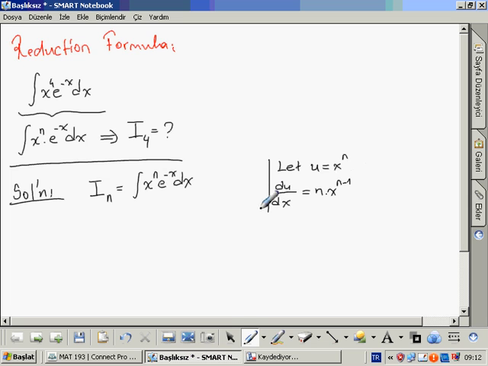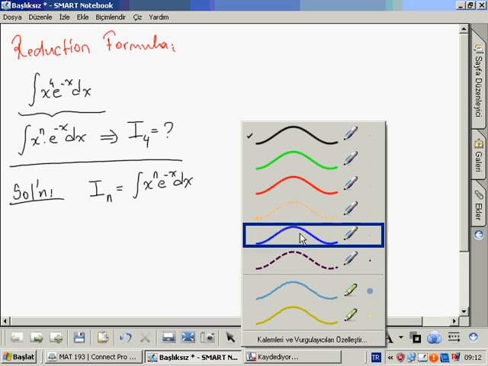So du equals n times x to the power of n minus 1 dx.